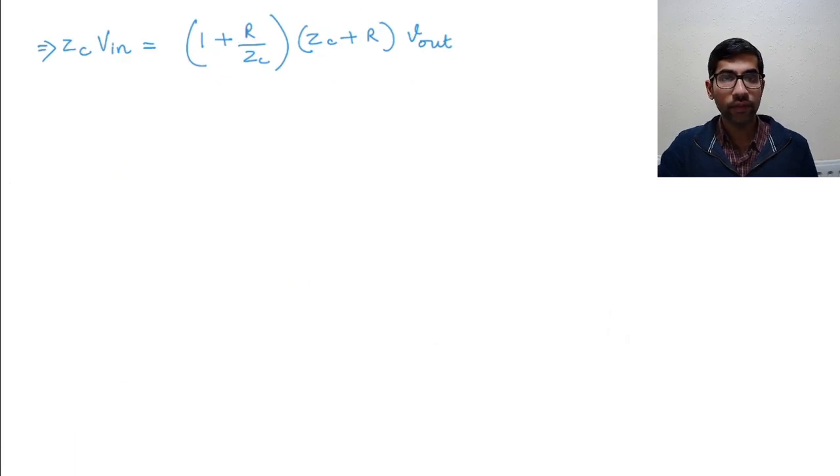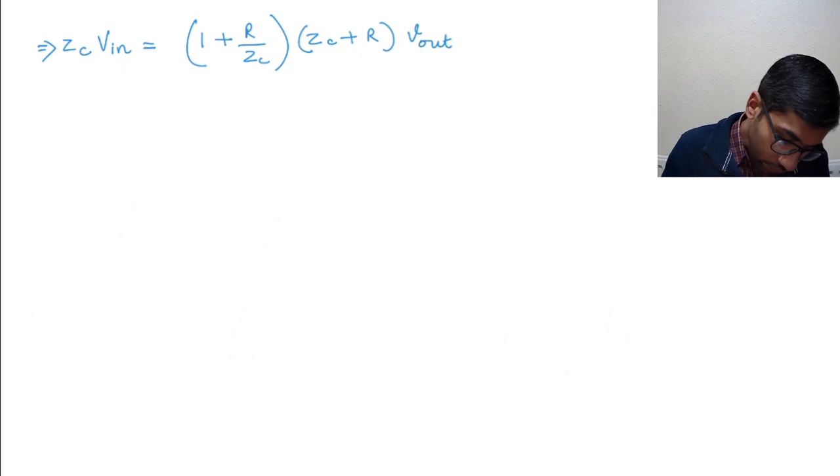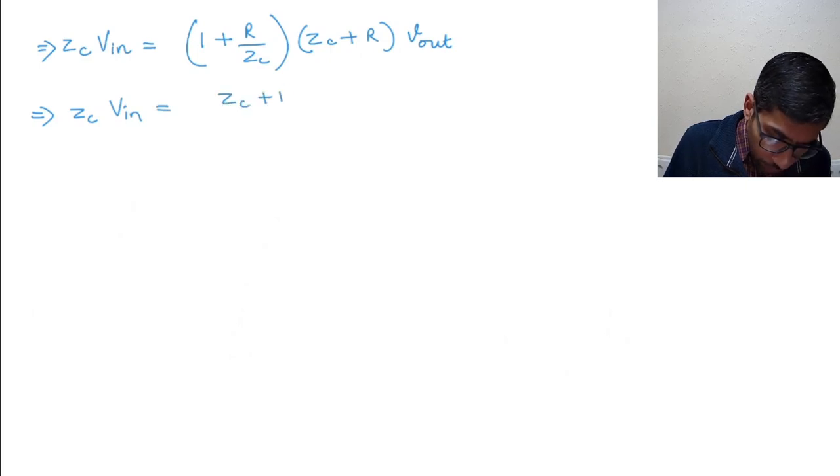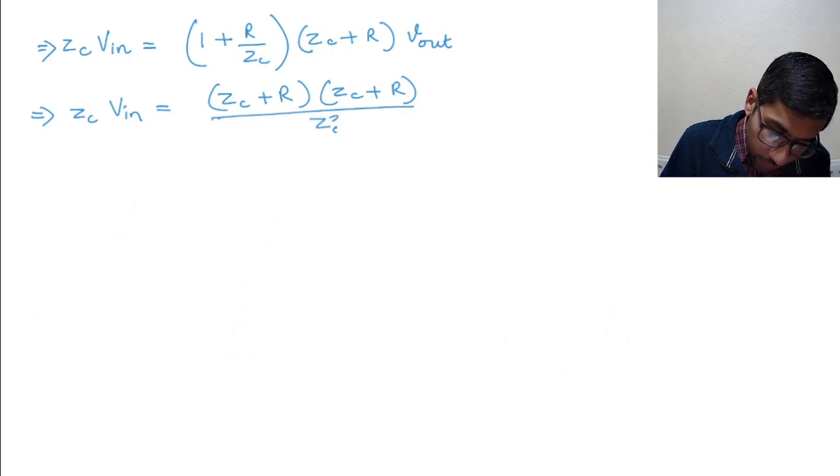So here's the equation that we have, and what do we do with this? Let's try to simplify this and remove the denominator which is here, which is Zc. So you get Zc V in equal to Zc plus R times Zc plus R over Zc times V out.